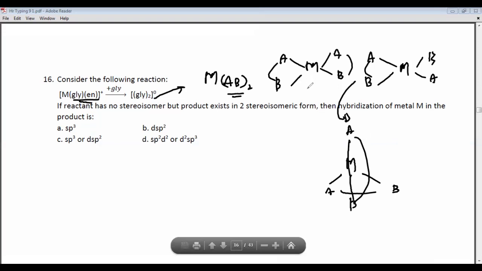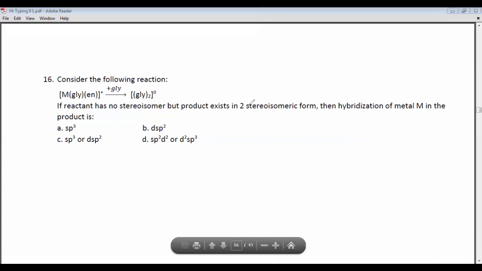This can show geometrical isomerism, right? Sorry, optical isomerism.